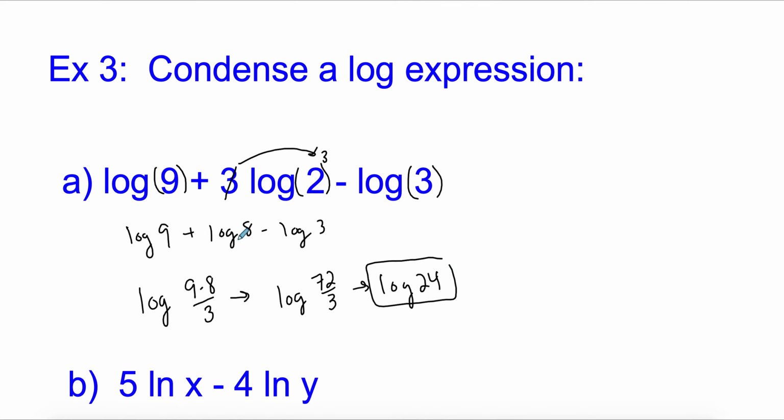So this step from here to here is the main step for condensing. I guess this one right here would be step 1, and then this would be the main step for condensing, and then we just work with the numbers on the inside. So we just simplify down as much as we can on the inside. You do not want to leave it like this. You have to simplify all the way down.